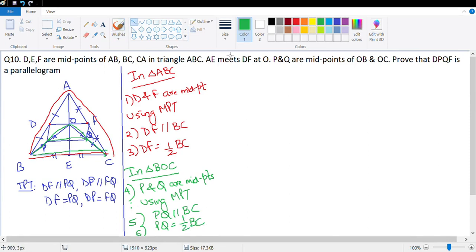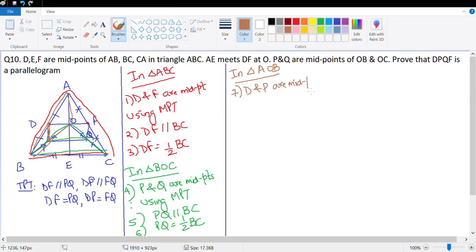So like the way we've been doing in previous questions, we've got one pair of opposite sides equal and parallel already done. Now let's look at the second pair of opposite sides. Let's see which triangles DP forms a part of. Yes, if I look at triangle AOB, then this is joining two midpoints. So in triangle AOB, I get number 7, D and P are midpoints.